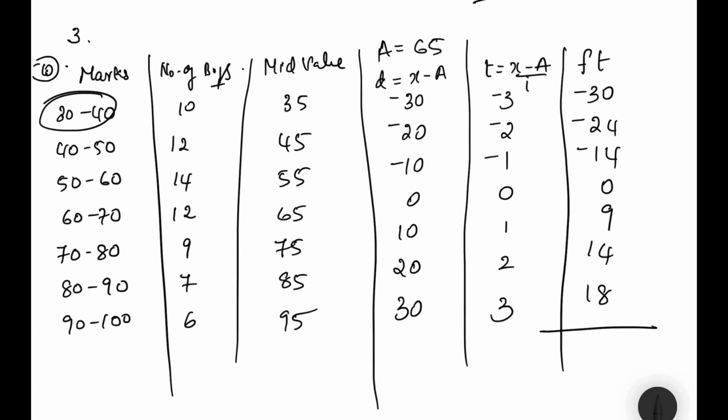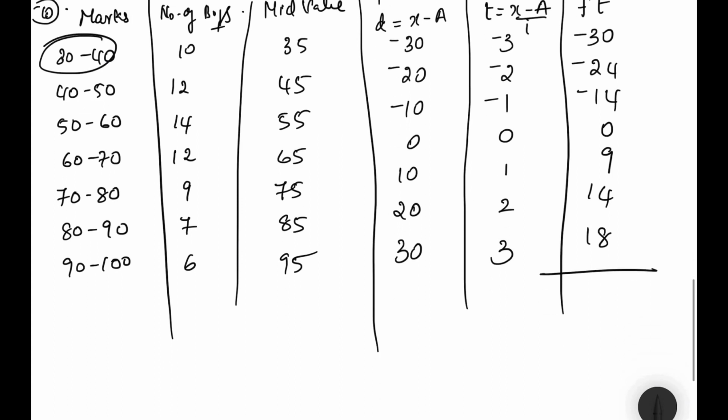Sigma ft is equal to 18 plus 14 plus 9 minus 14 minus 24 minus 30. So you'll get the answer minus 27. Sigma f is 10 plus 12 plus 14 plus 12 plus 9 plus 7 plus 6, that is equal to 70.